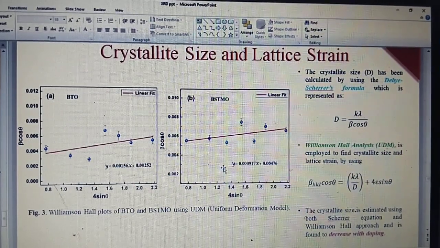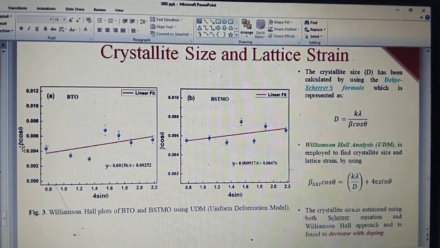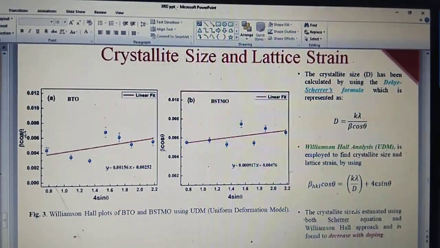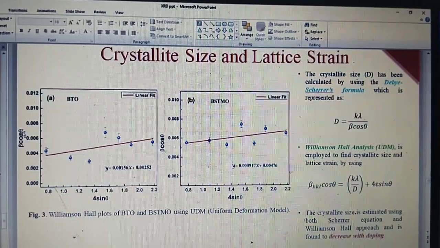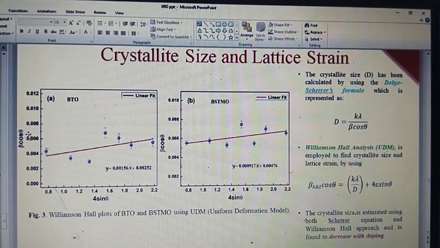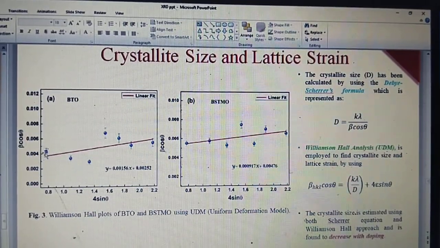So with the same plot, if you plot this value of beta cos theta, all of these are in radians. Take the full width at half maxima, and the angle theta at which you get the peak. There will be a number of peaks, so 4, 5, 6 peaks will be there. Corresponding to each peak, you will get 1 point in this plot.